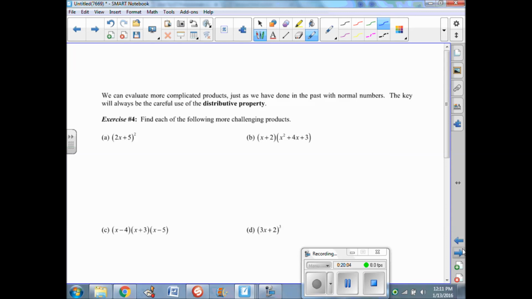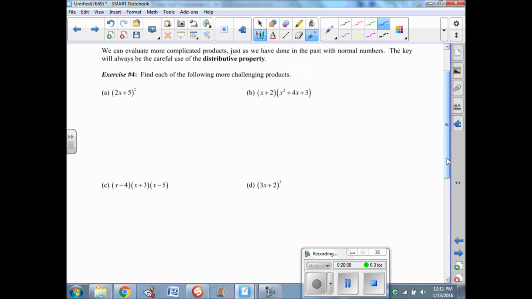Oh yeah, this is the good stuff. Exercise 4. I think I've had too much coffee today. It says find each of the following more challenging products. I love these. All right, so 2x plus 5 to the second power. What does it mean to raise something to the second power? It means to write it twice. Now, multiply.